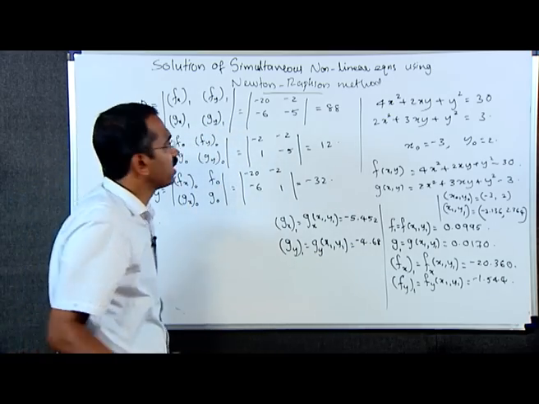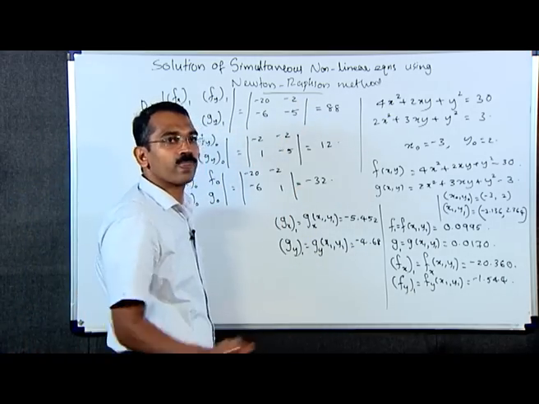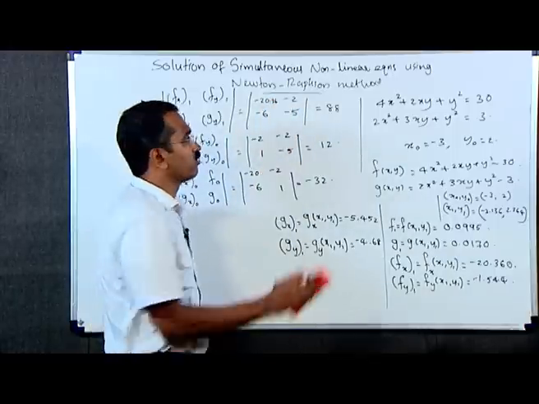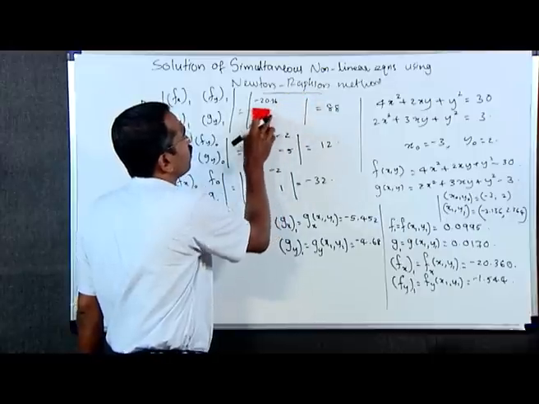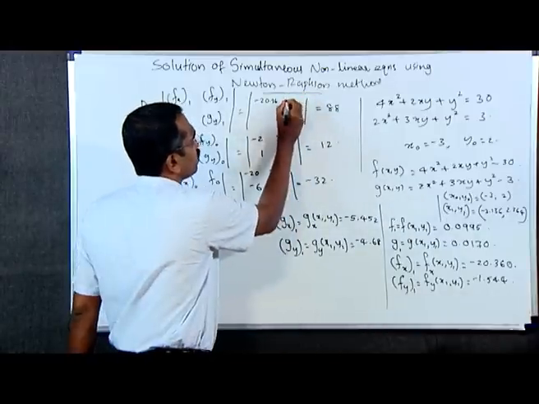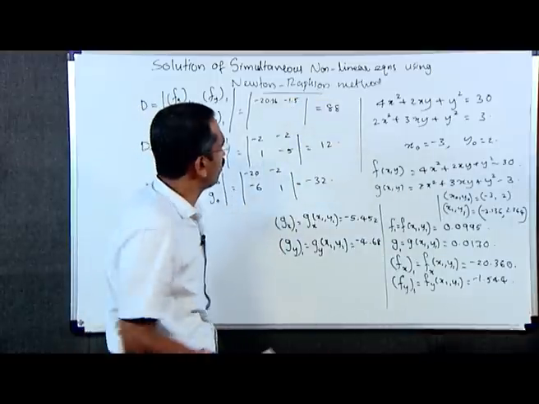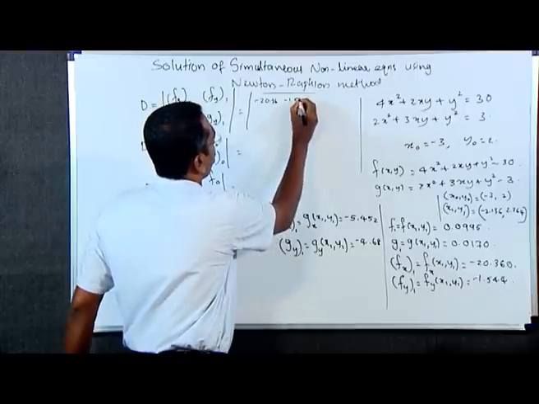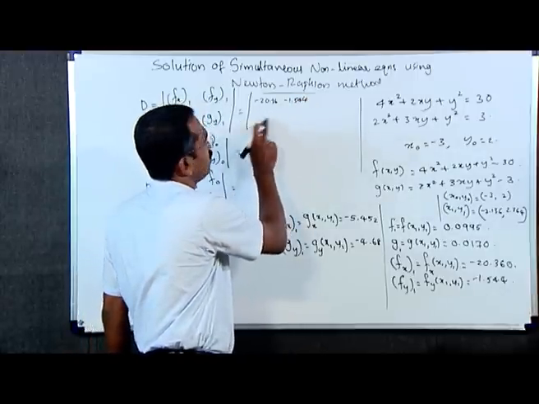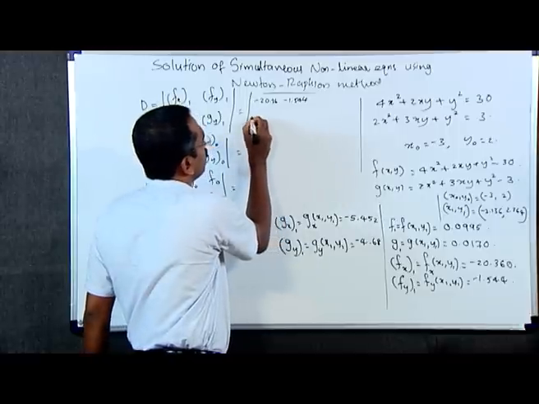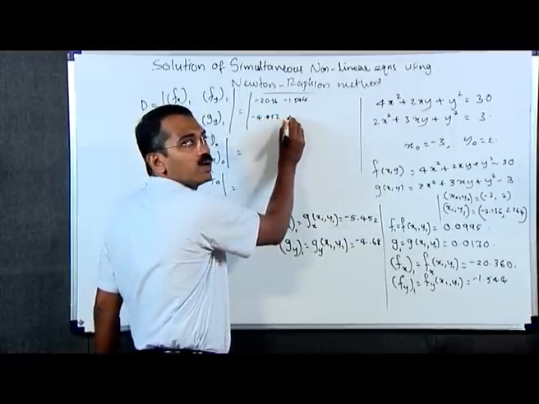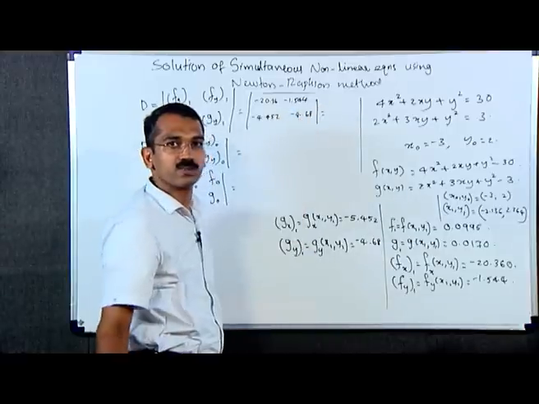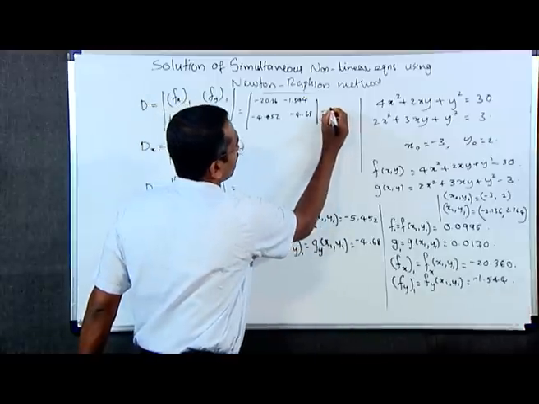The values are minus 20.36, minus 1.544, minus 5.452 and minus 4.680. The value of this determinant is 86.8669.